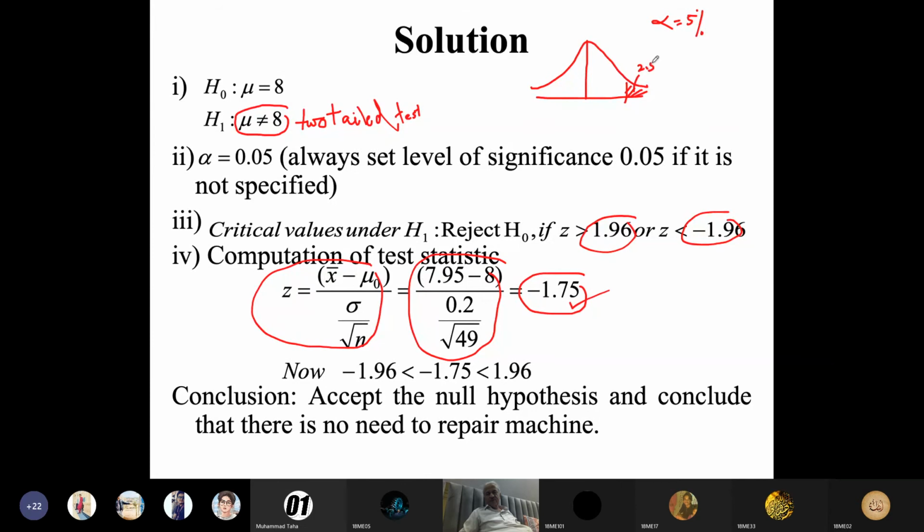This side, half of the error on one side, because it is a two-tailed test. For a two-tailed test, half the error goes on one side and half the error goes on the other side. So it's again 2.5%. If the area is given, then the point is to be located.